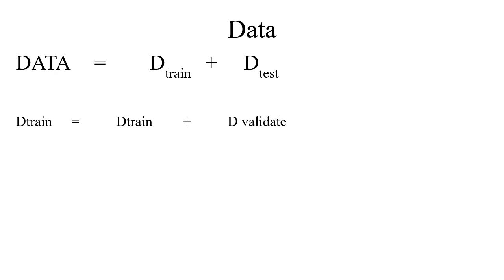Data can be divided firstly into two parts, which we call train and test. The test data is never shown to our algorithms, and once our training is done, we show it to the algorithms and check whether it's working correctly or not. But there are cases where it works too well, which is called overfitting.